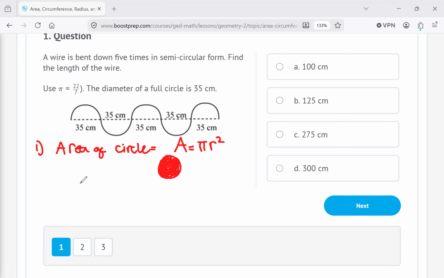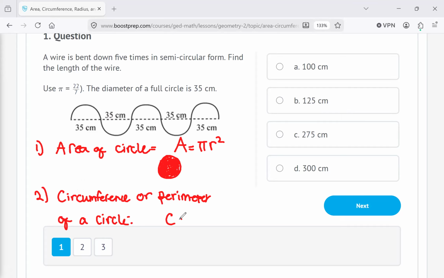Then there's circumference, or you could think of it as a perimeter. Circumference, or perimeter, is C equals 2 times pi times r.